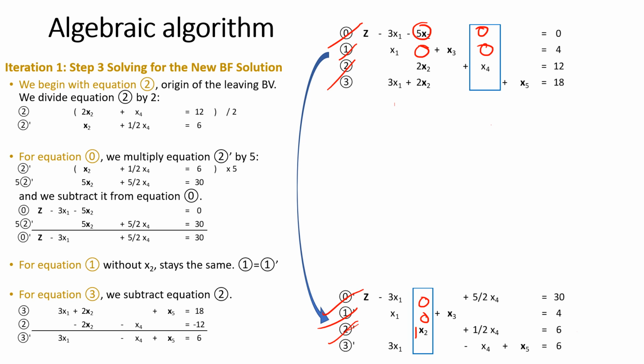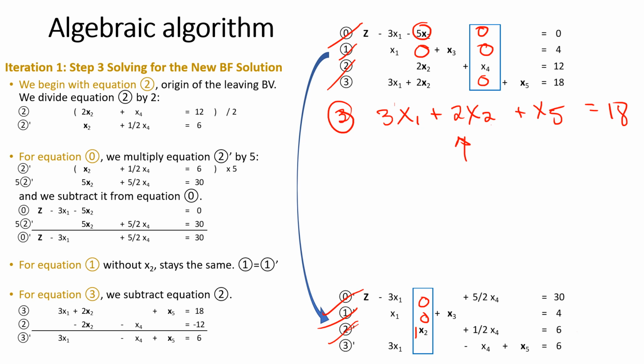For equation number 3, what we got is 3x1 plus 2x2 plus x5 equals 18.